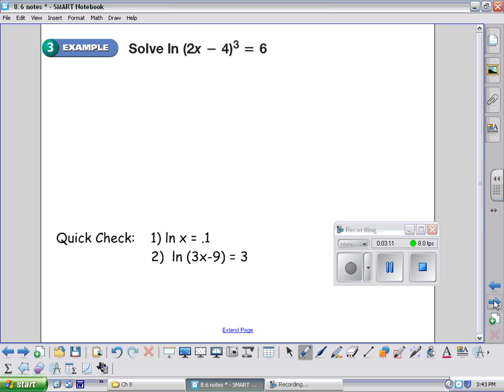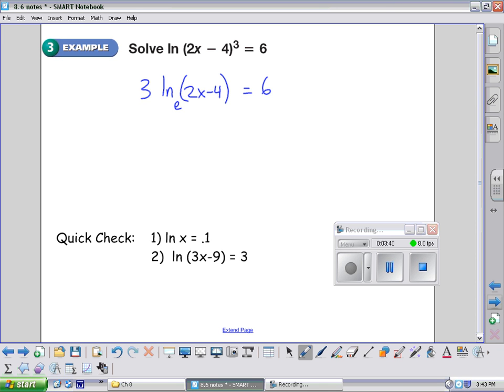Let's solve. Just like before, this is problem 2. There's an x in the logarithm statement, so I'm going to have to go ln. First thing I'm going to do is write the e in, just like I was writing the 10 in. 2x minus 4, bring that 3 out here by the power rule. That's perfectly legal.